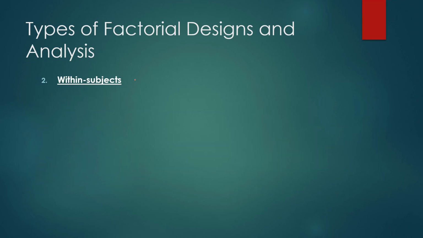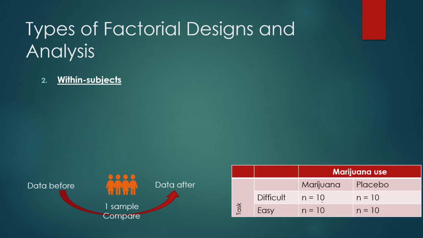Within subjects is the next type that we're going to talk about. And again, just to remind ourselves, here we have one group of individuals, and one type would be data before, data after. And an example here might be something like this study. So in this study, they had individuals use marijuana and do a difficult and an easy task.